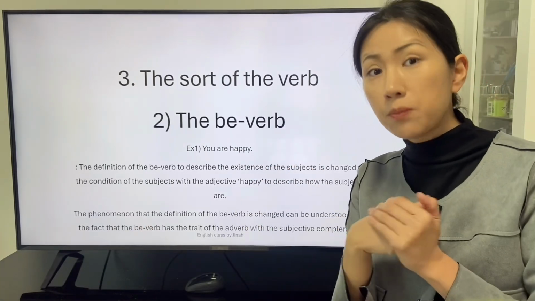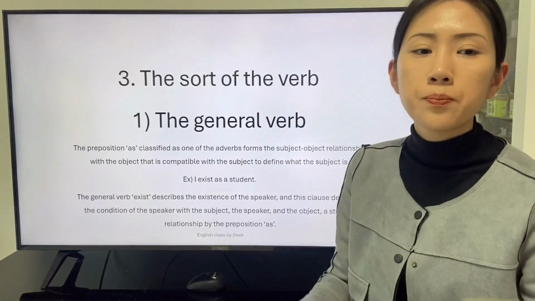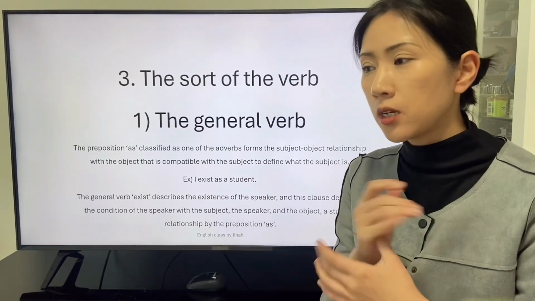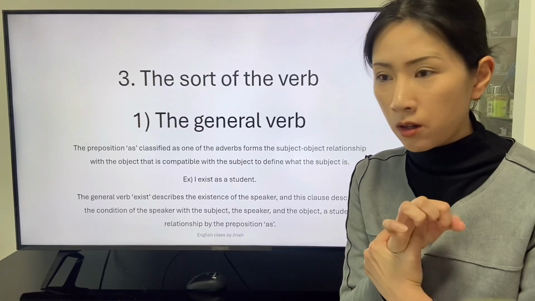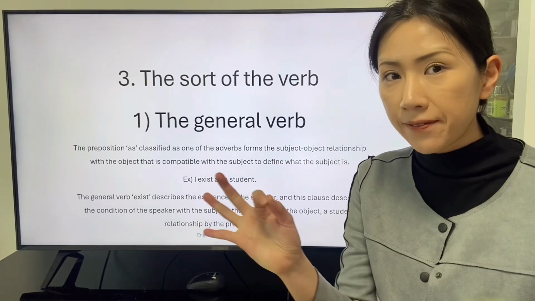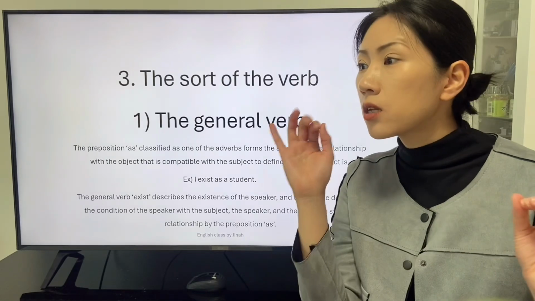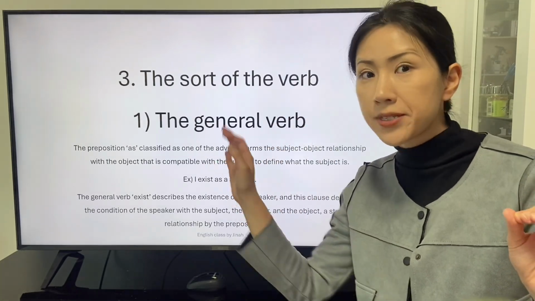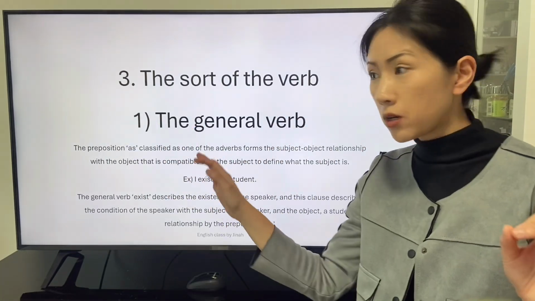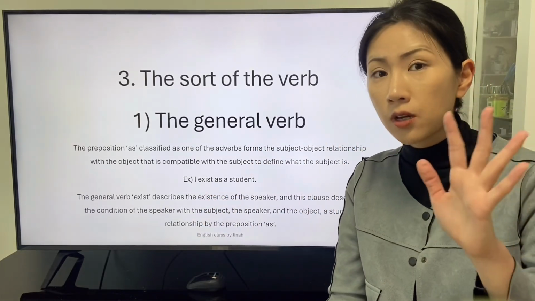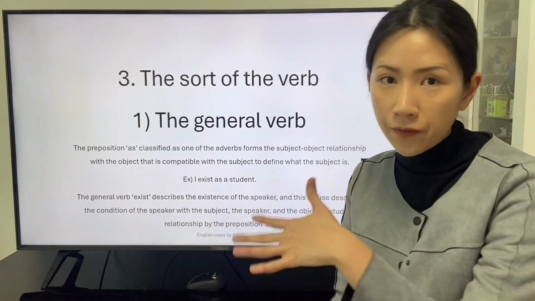without the subjective complement. In this class, the phrase of the preposition as a student is the subjective complement to describe the subject, but the subjective complement describes the subject indirectly because the phrase of the preposition is a part of an adverb.